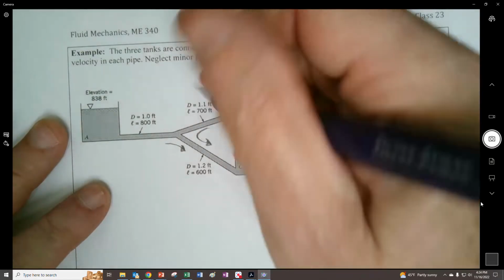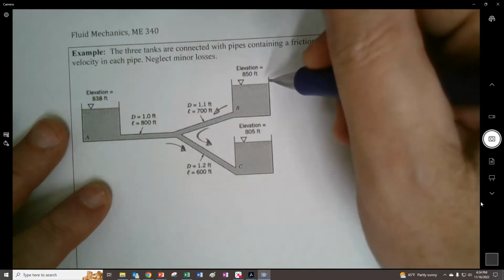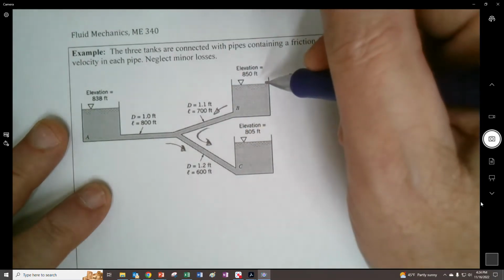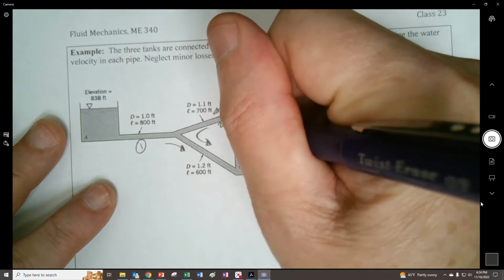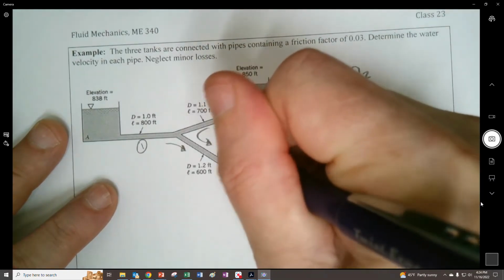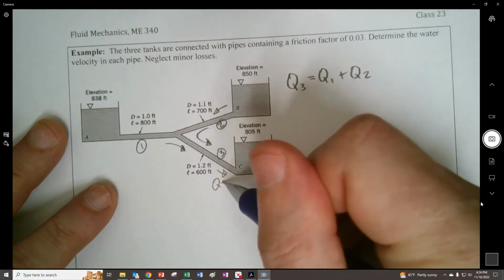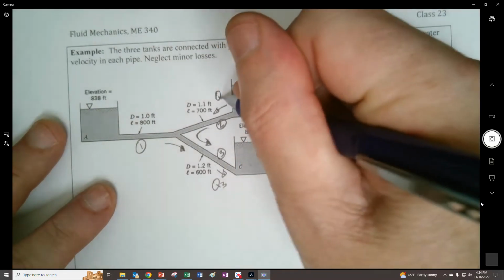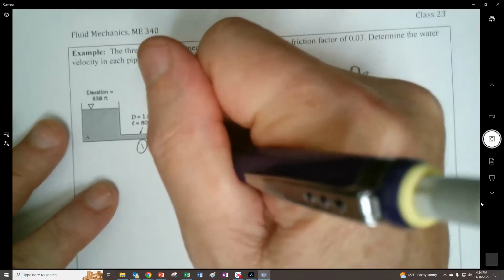Which one's 1 and which one's 2? I guess this is 1, this is 2, and this is 3. So Q3 is coming down there, this is Q2, and this is Q1.